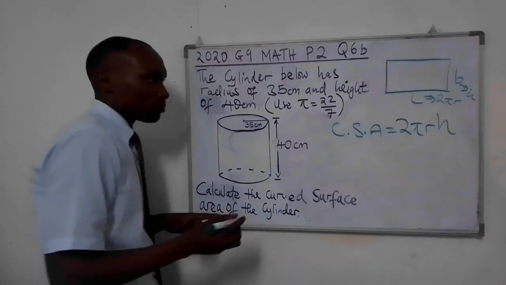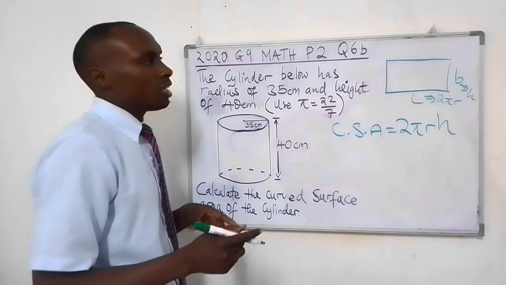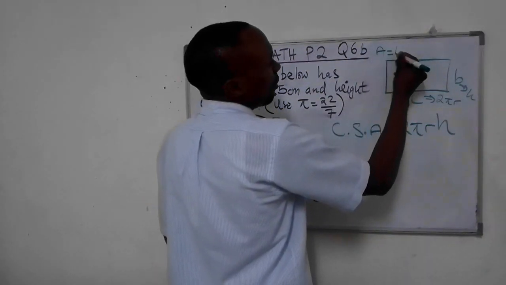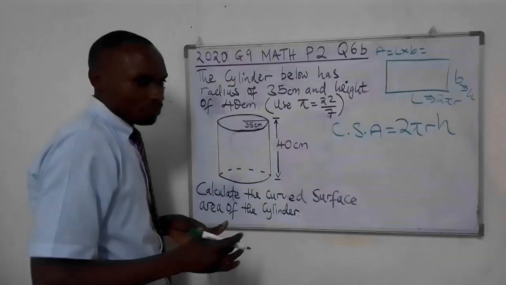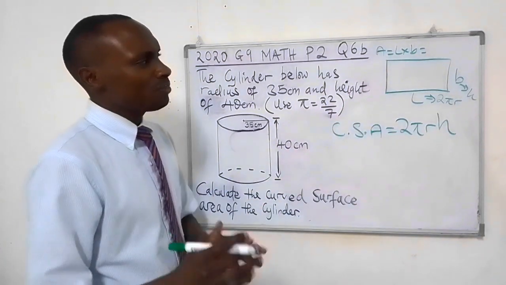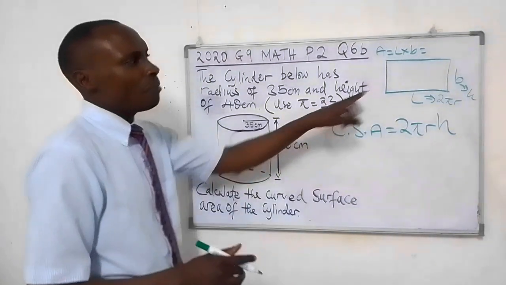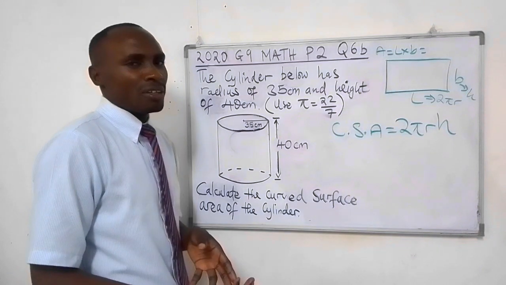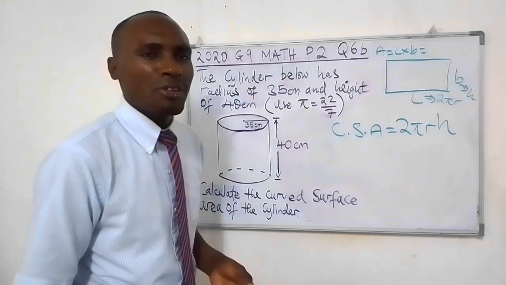How do we calculate the area of a rectangle? The area of a rectangle is given by L times B, a multiplication of the two dimensions. Now, what if we're talking about the curved surface area? Remember, the same rectangle is what makes up the curved surface area, so it does not change. We are still dealing with the same area.